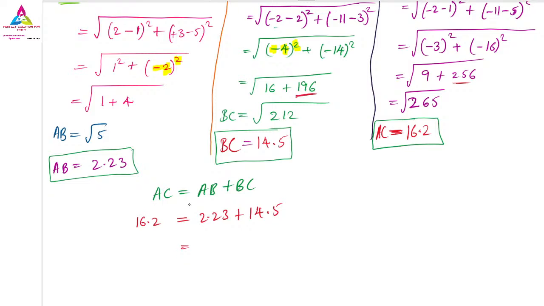If you add them together, 14 plus 2 is 16, 2 plus 5 is 7, 3. We got 16.73, and here we have 16.2. Whether both the answers are the same or different, whether it is equal or not equal.